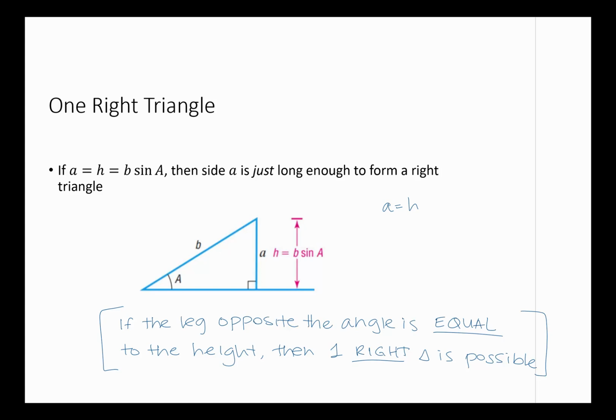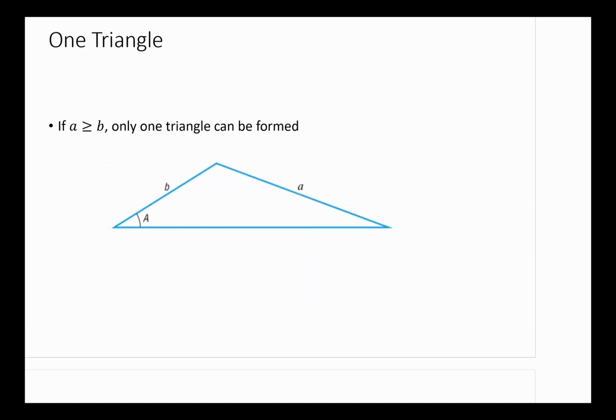So if we look at this, if we have one triangle, now we don't have a right triangle here, but if I look at the fact that side A, which is across from the angle we have, is greater than that other side, there's only one possibility. So if we think about our height here, this is going to be our height.